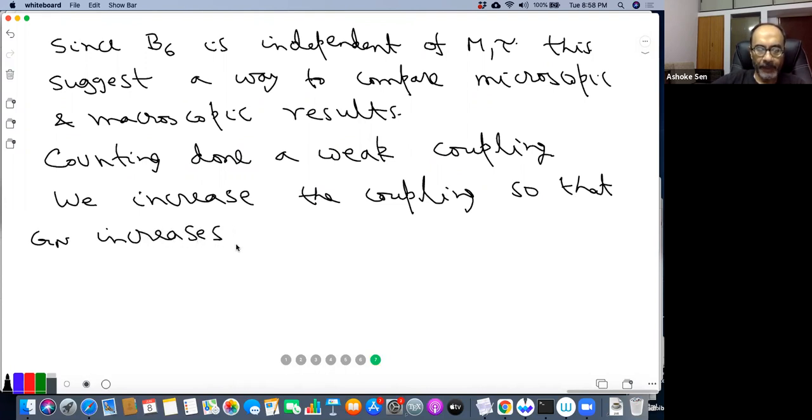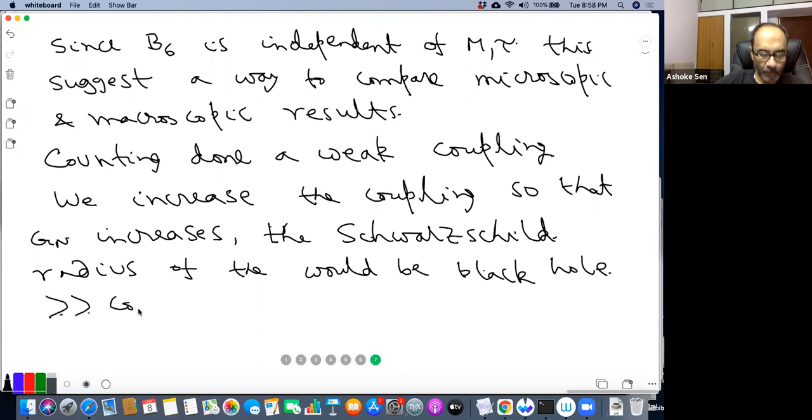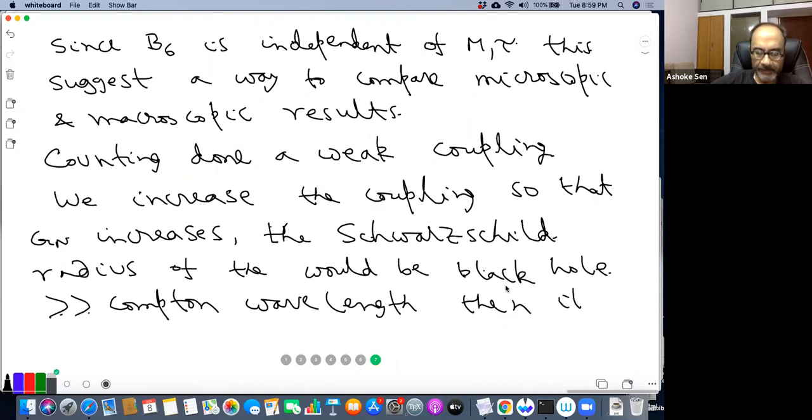And at some point, the Schwarzschild radius of the would-be black hole, we don't know yet if it's a black hole, but if the Schwarzschild radius of the would-be black hole becomes much larger than the Compton radius, then black hole is a more appropriate description of the system.